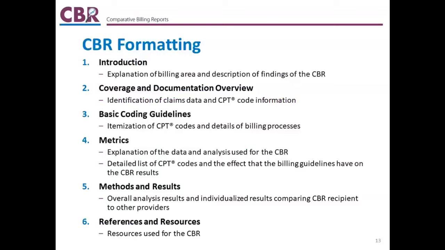In the section covering basic coding guidelines, we're provided with a more detailed description of CPT codes and the correct billing processes. The metrics section of the CBR lists and explains the data used for the CBR and the analysis performed. It usually contains a detailed list of CPT codes and the effect that the billing guidelines have on the CBR results.